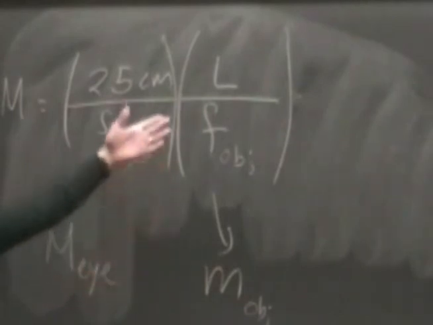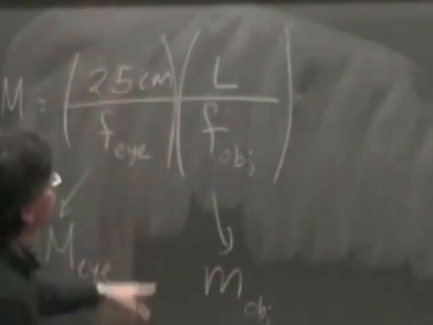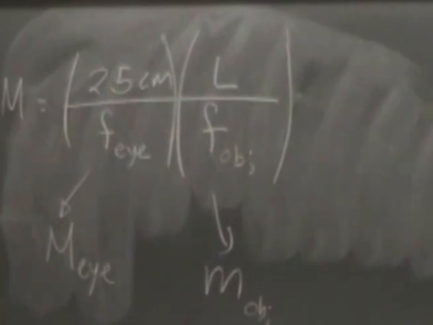This is the quantity that tells you how much bigger that intermediate image is than the actual object. This one you can think of as the magnification of the eyepiece: how much bigger does the eyepiece make that image formed at the focal point?